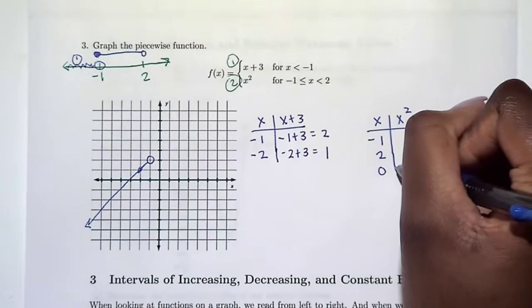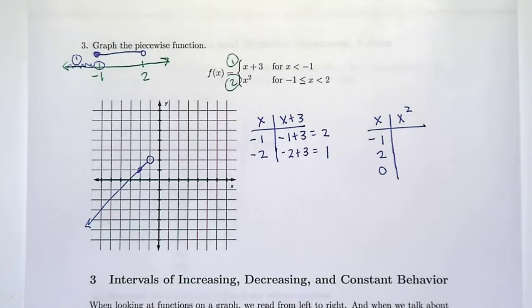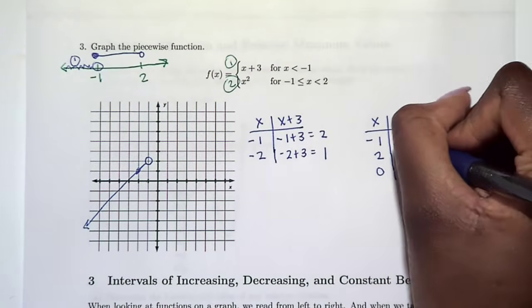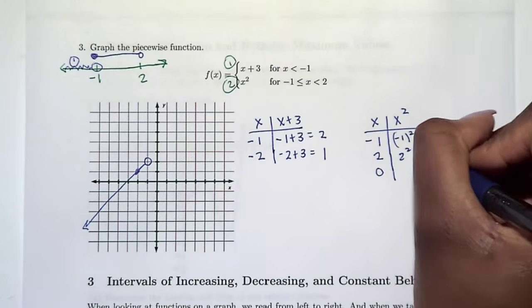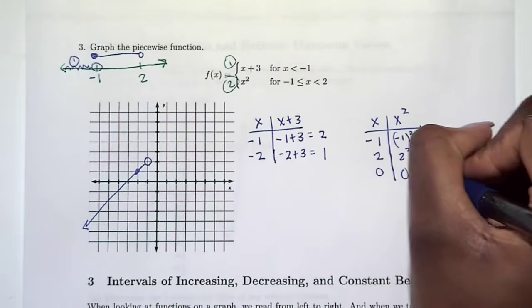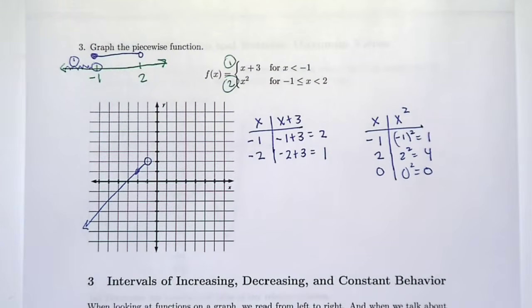I'll do 0. Since it's a parabola, we want to try to do more than 2 points. Okay, so -1 squared is 1, 2 squared is 4, 0 squared is 0.